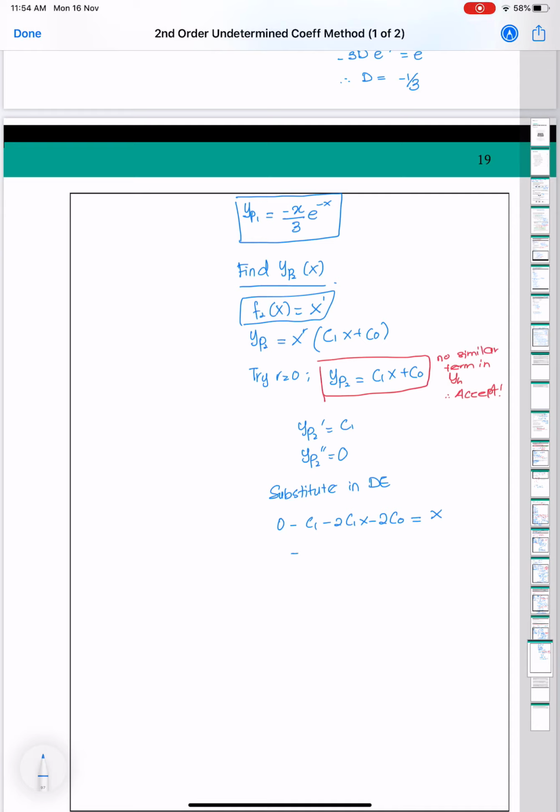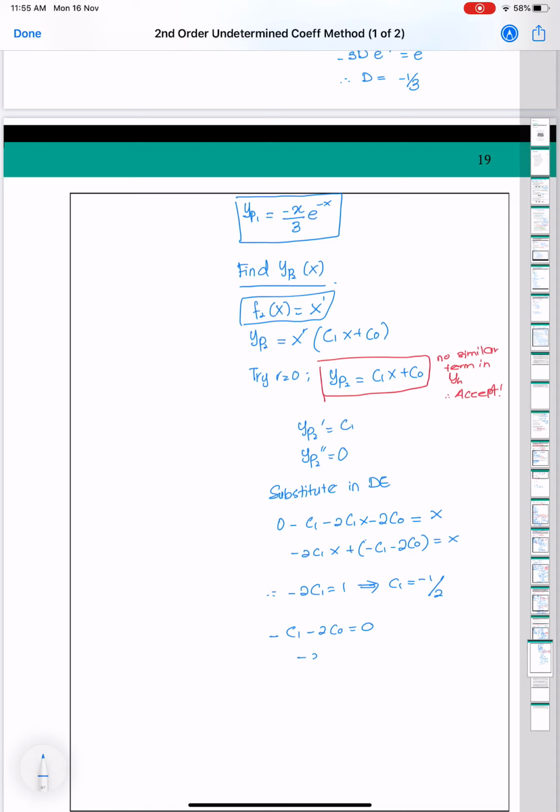So I will have negative 2c1x plus negative c1 minus 2c naught equal to x. Therefore negative 2c1 equal to 1, which implies that c1 equal to negative 1 over 2. And I also have negative c1 minus 2c naught equal to 0.